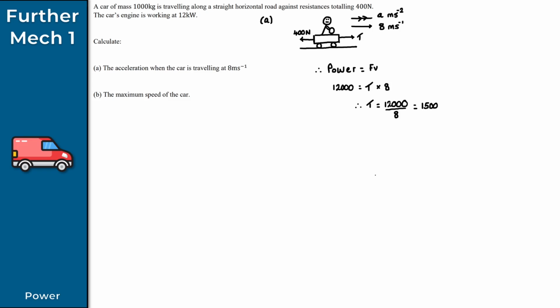Okay, now we're not done here. What we now need to do is use Newton's second law, F equals ma. So F here, if we take to the right as positive then, so taking to the right here as positive, we get T minus 400.